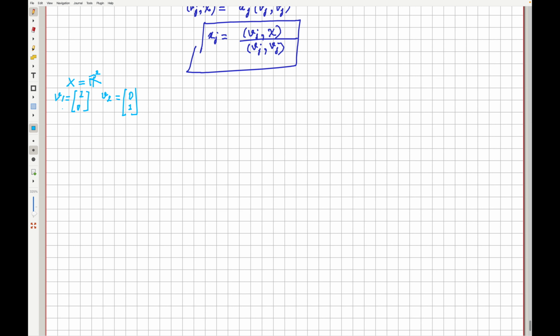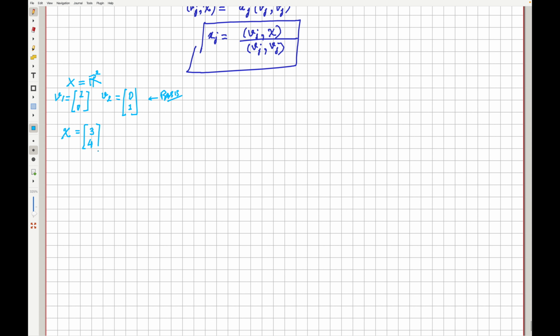We already see that those are orthogonal, and these are our basis vectors that are orthogonal in this case. Now let's say we have the generalized vector x is equal to (3, 4).